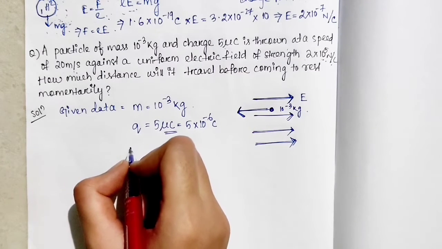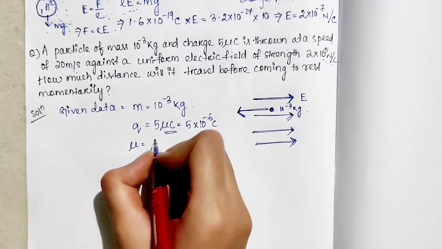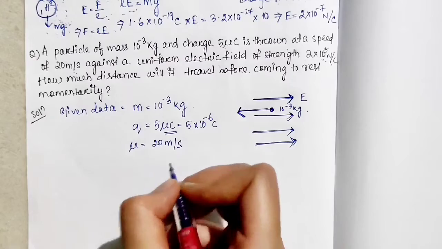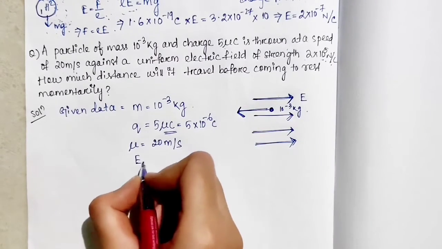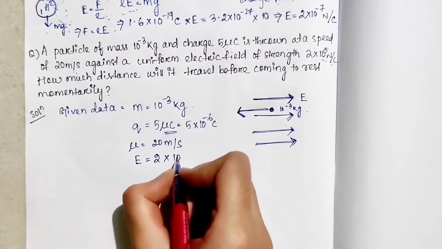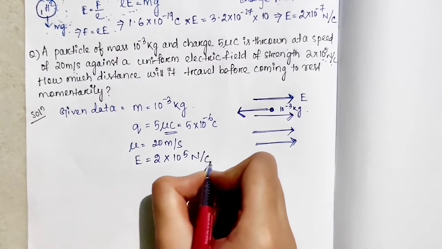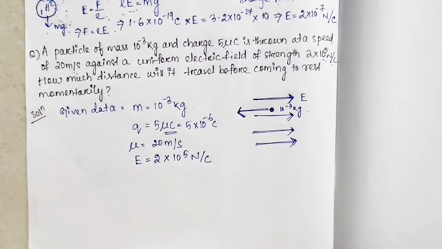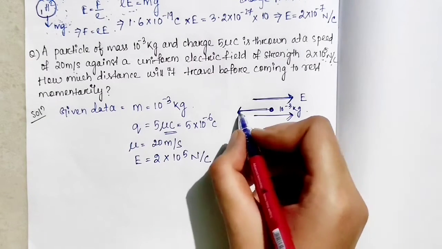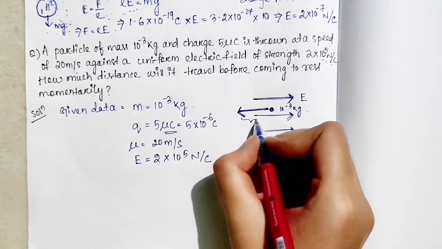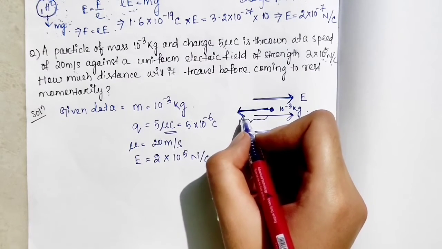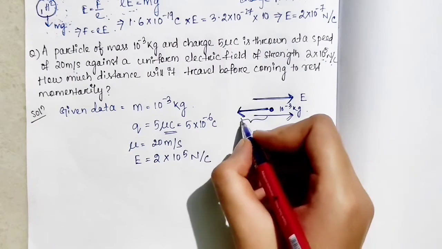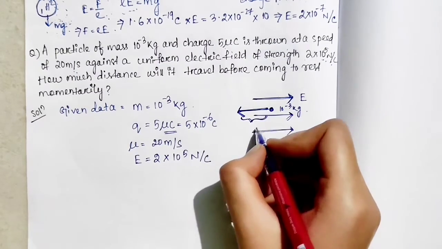And the initial speed is 20 meter per second, that is U is equal to 20 meter per second. And the strength of the electric field, that is E, is equal to 2 into 10 to the power 5 Newton per coulomb. So now we have to calculate that distance before it comes to rest.